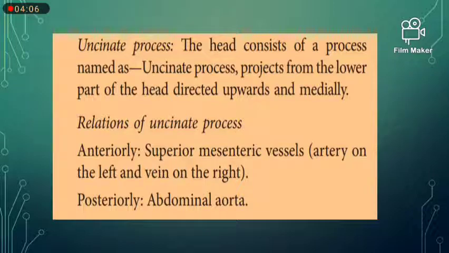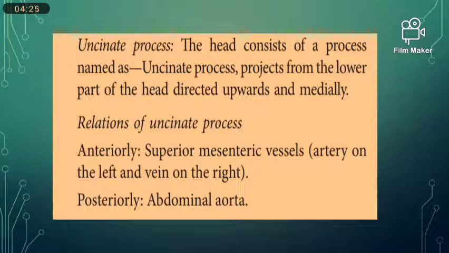Uncinate process: the head has a process named the uncinate process, which projects from the lower part of the head, directed upward and medially. Only the head has a process; other parts of the pancreas don't have any process.